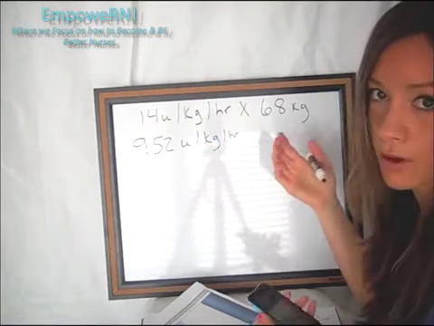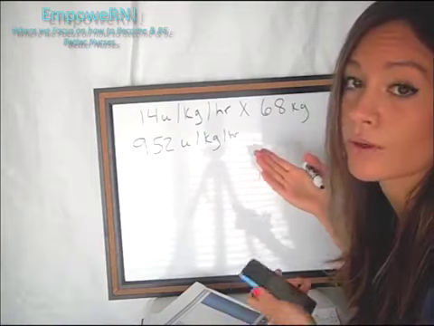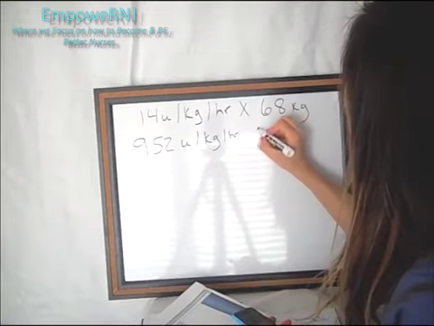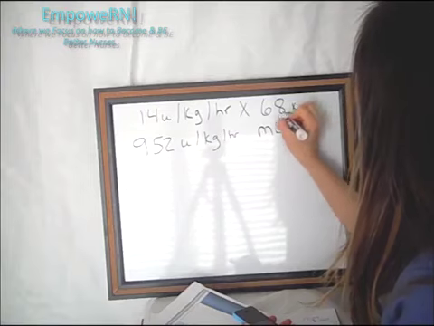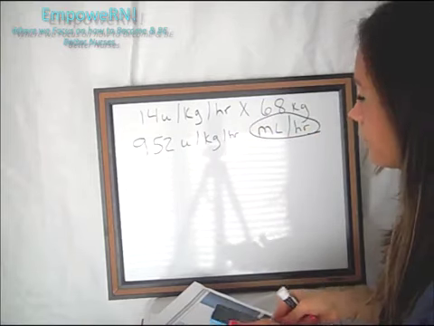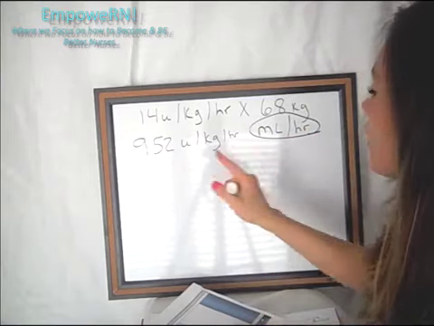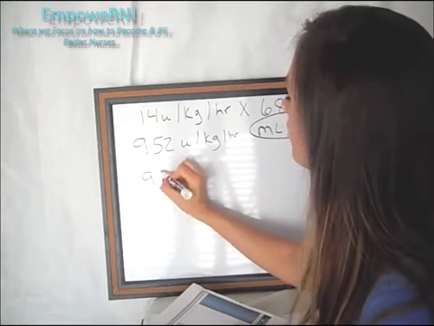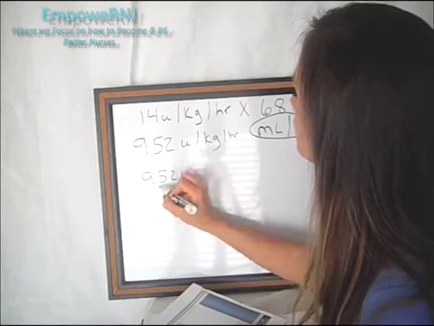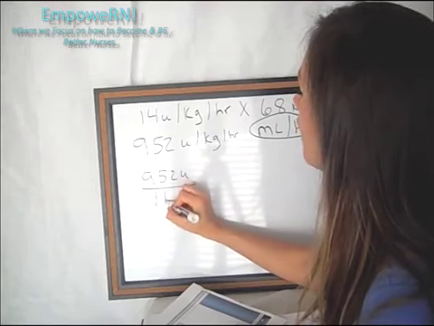Now, what do we want? We always need to know in dimensional analysis what we want. We want milliliters per hour. Okay, so let's get started. So we know our ordered is 952 units over 1 hour.